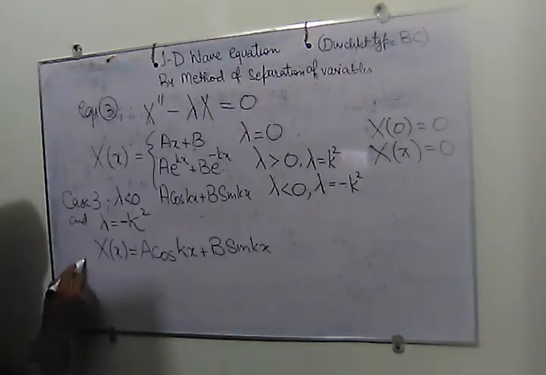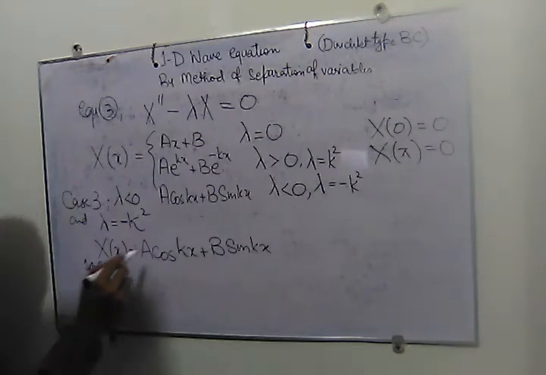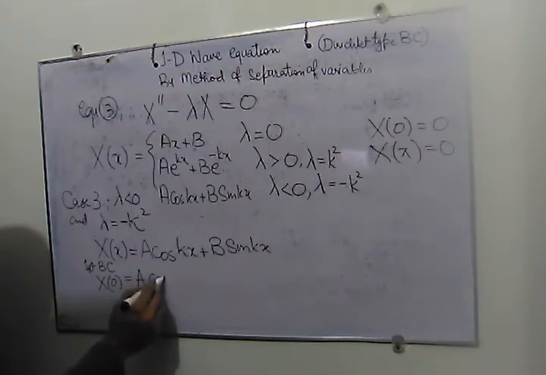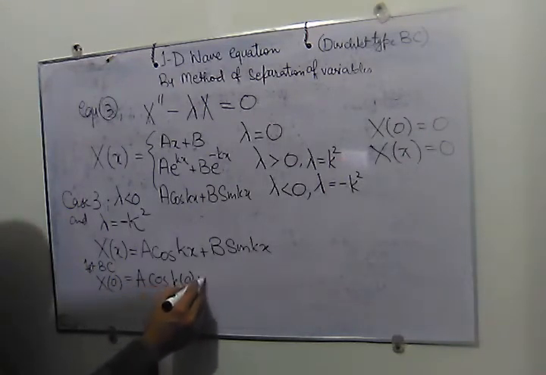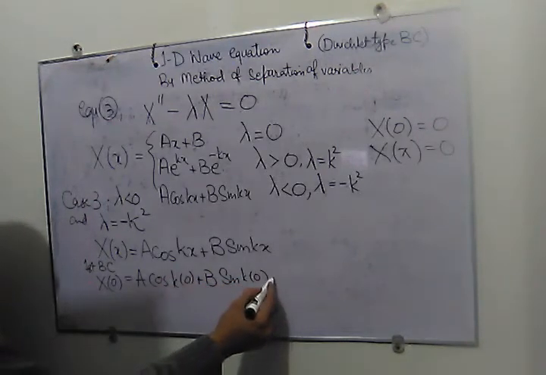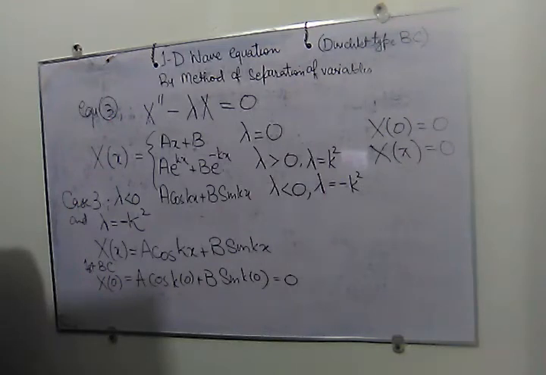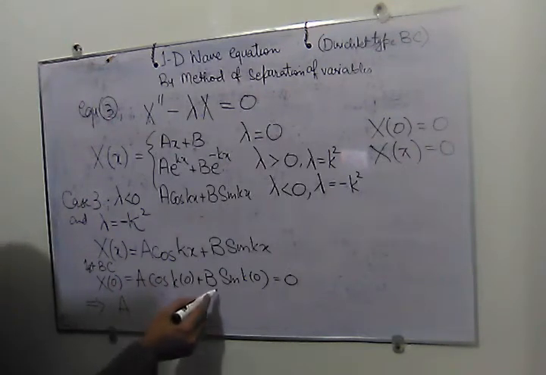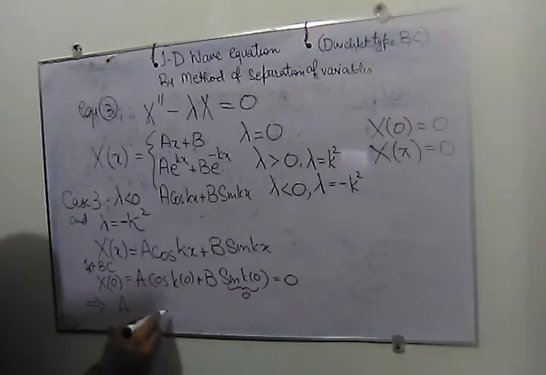When we apply the first boundary condition in the general solution, the general solution will become x of 0 is equal to a cos k into 0 plus b sine k into 0, and this x of 0 is equal to 0. This gives us a form like cos 0 is 1, so we have remaining a, and sine 0 is 0, so this portion vanishes and we have a is equal to 0.